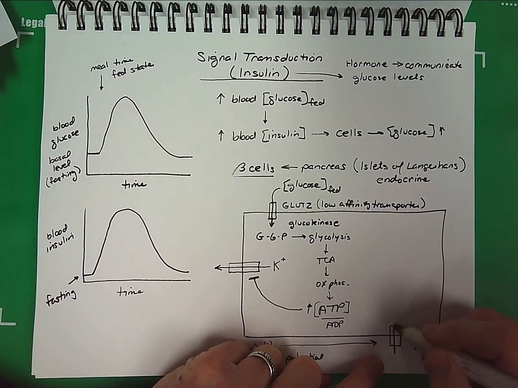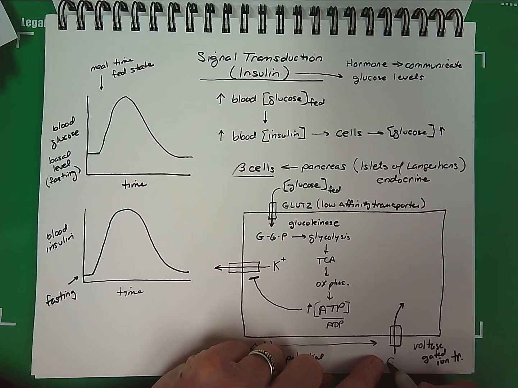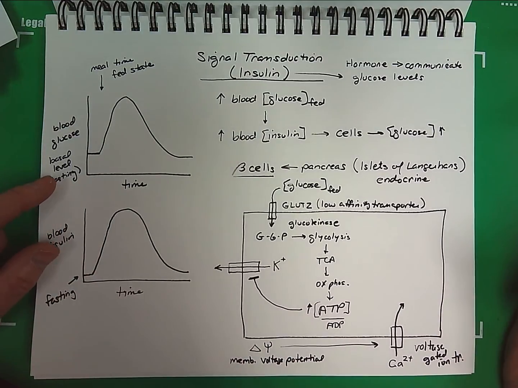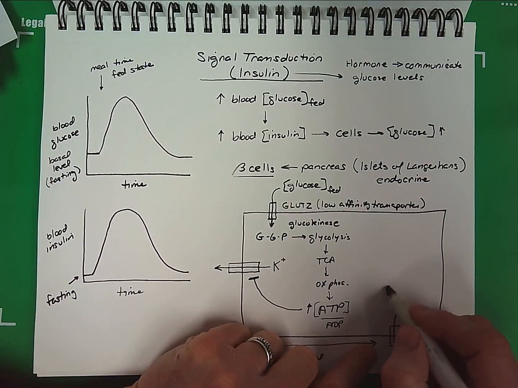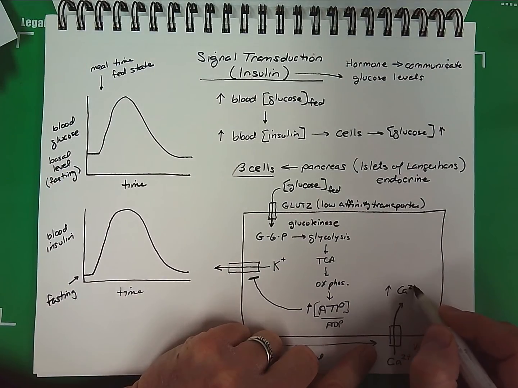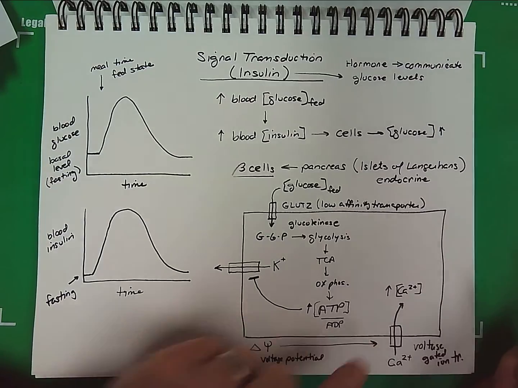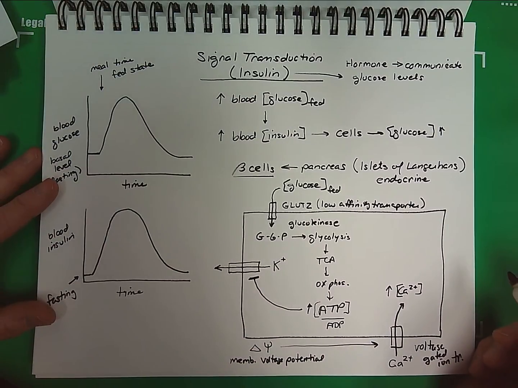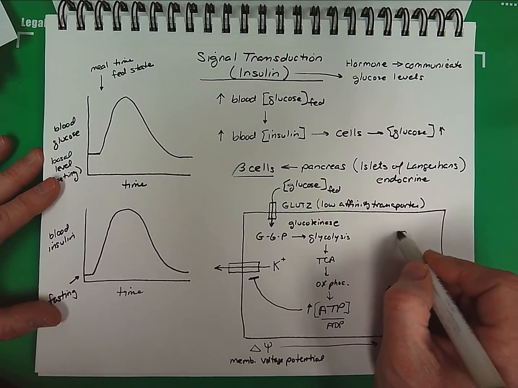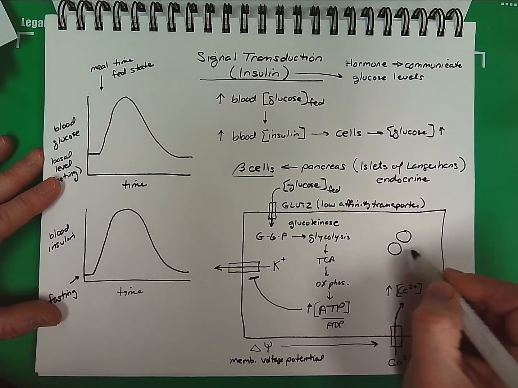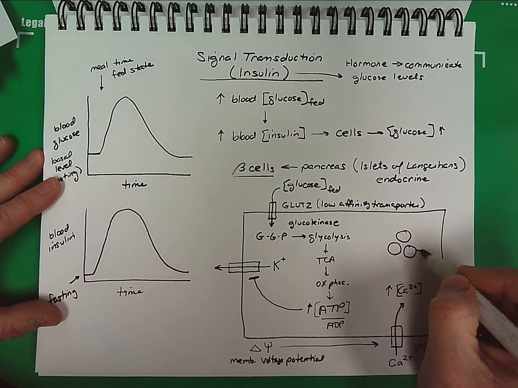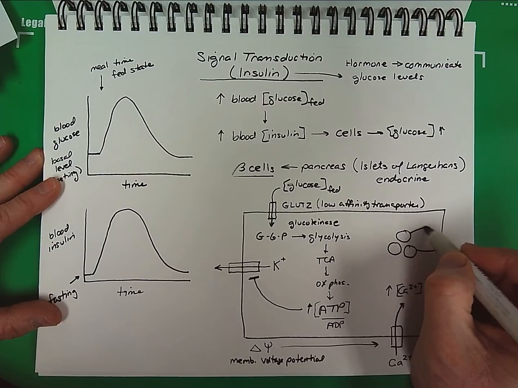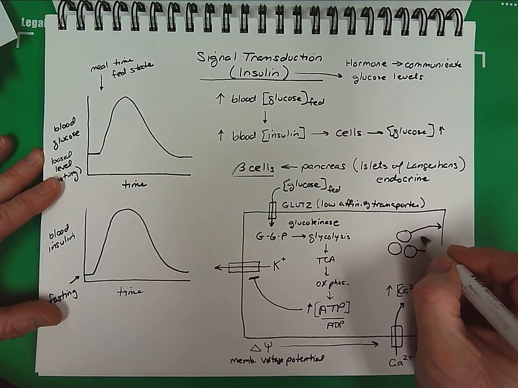In doing so, it will allow calcium ions to flow inside the cell. That will increase the concentration of calcium ions inside the cytosol. The effect of this is to cause the fusion of intracellular vesicles to the plasma membrane.